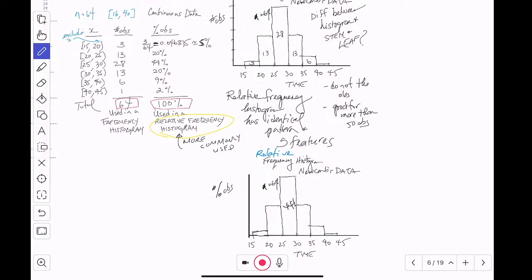It's a higher number, so you have to just adjust the scale. This would be 5%, this would be 20%, 20%, 9%, 2%, and 5%. So it would be roughly like that. It would look essentially the same.